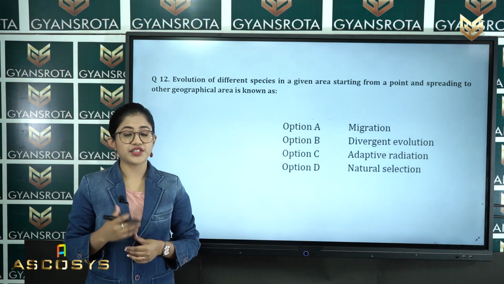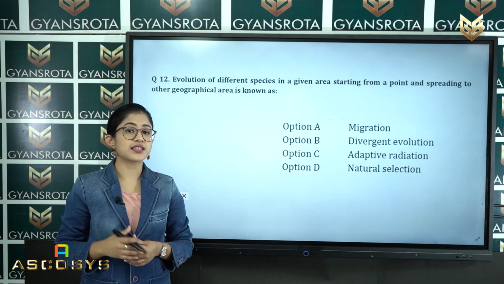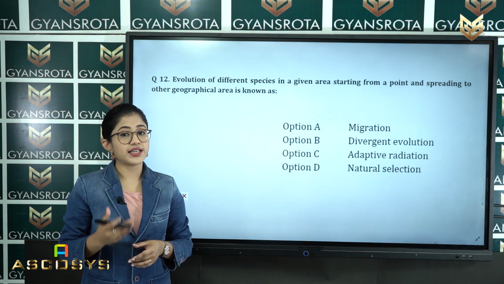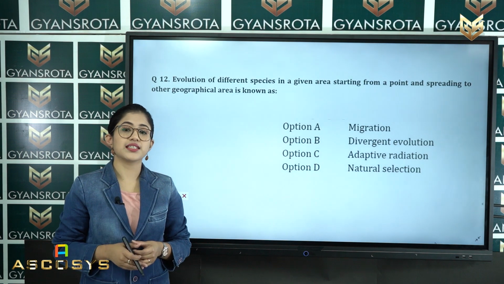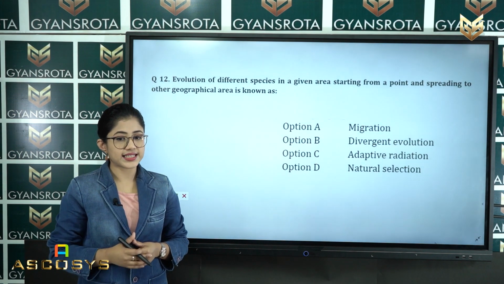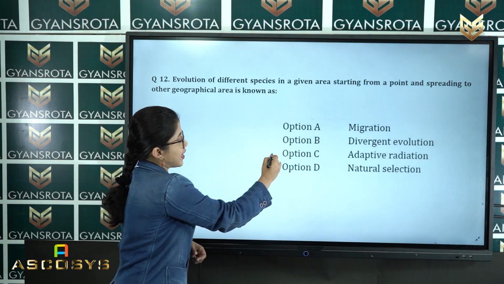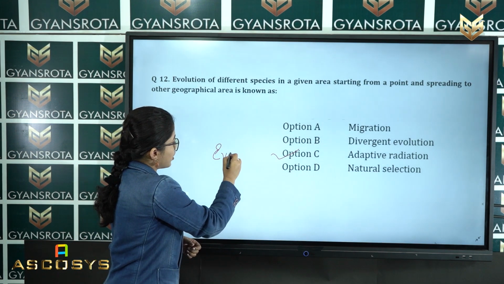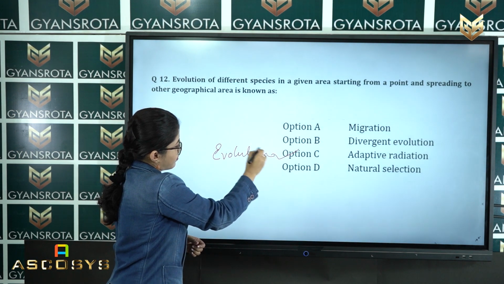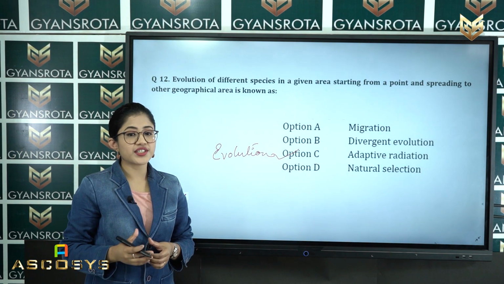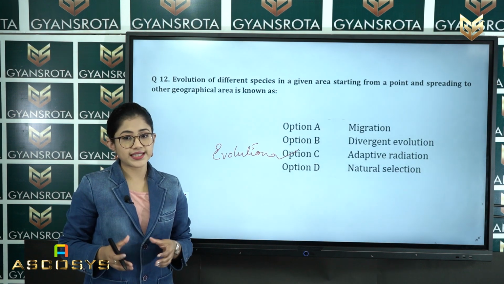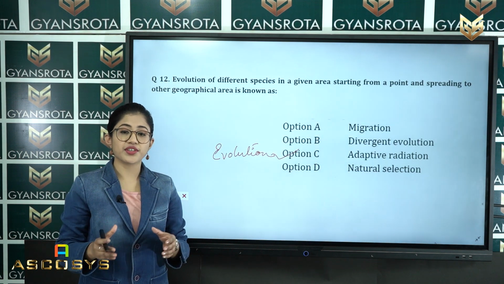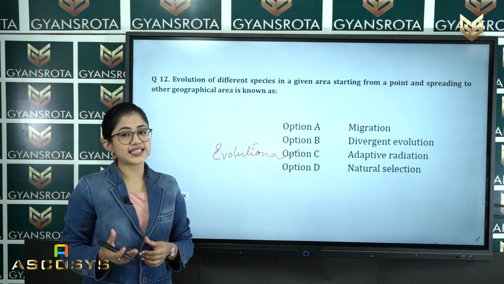The correct answer is option number C, that is adaptive radiation, and it is from the chapter evolution. So adaptive radiation is the evolution of different species in a given area starting from a point and spreading to other geographical areas. That is the correct answer.